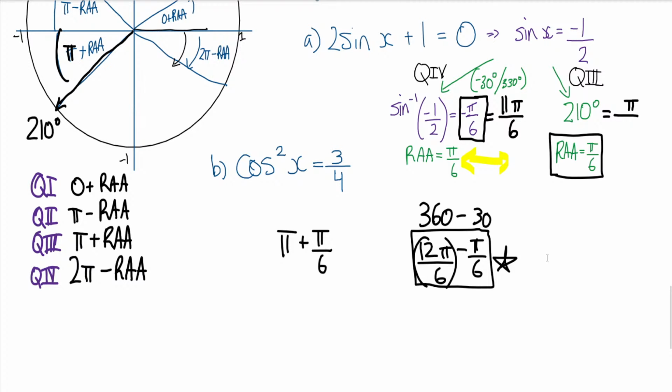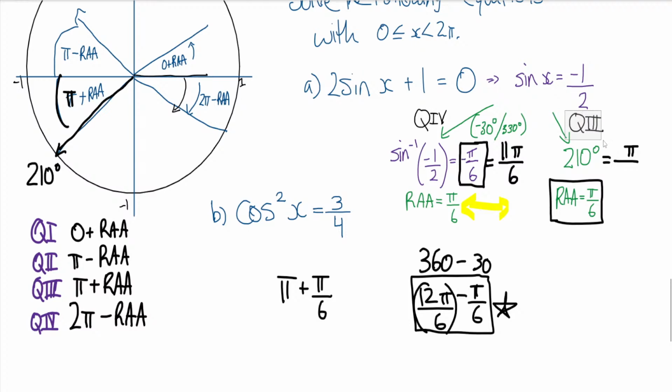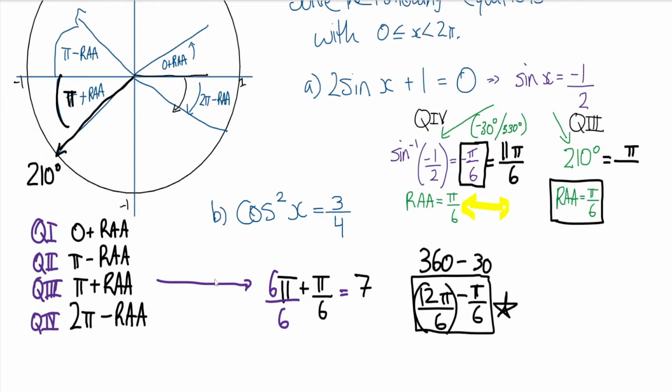We needed to get to quadrant 3, so we did pi plus our related acute angle. This is really 6 over 6, so you use this denominator and you end up with 7 pi over 6.